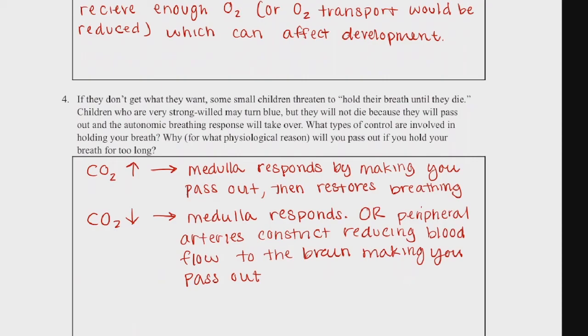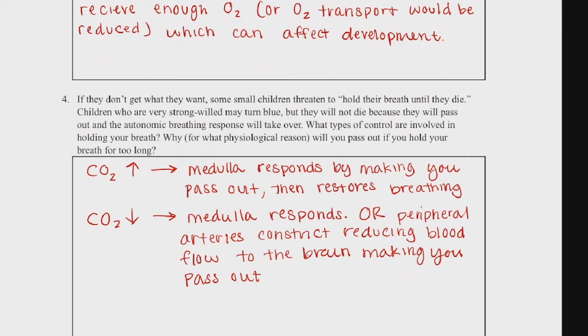And then breathing would stop temporarily. When you're passed out, it's similar in that things are restored. So in the increased CO2 levels, where we're holding our breath and that CO2 is building up, the medulla responds, you pass out, and it restores that normal breathing.